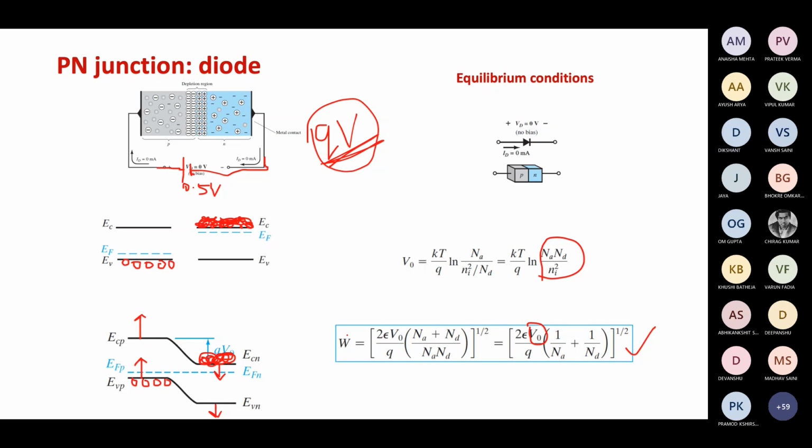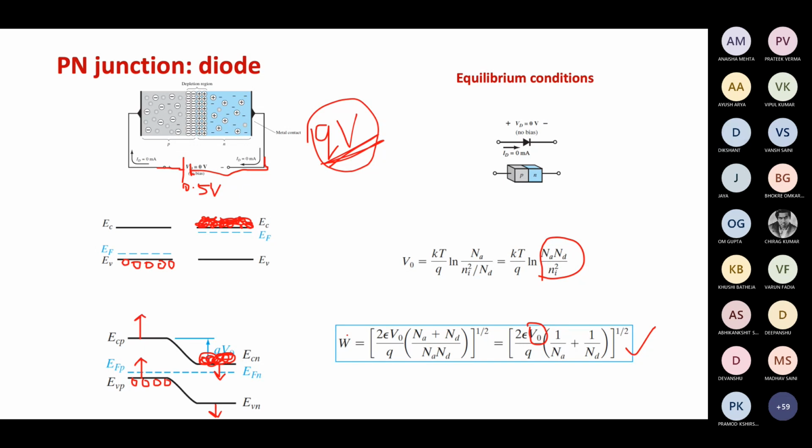Excuse me, sir, I have some doubt. You said that if the difference between EFN and ECN is less, then the number of electrons will be more. So if ECN is coming down, why are electrons not increasing? No, EFN is also coming down. At different positions the Fermi level will be of different energy.